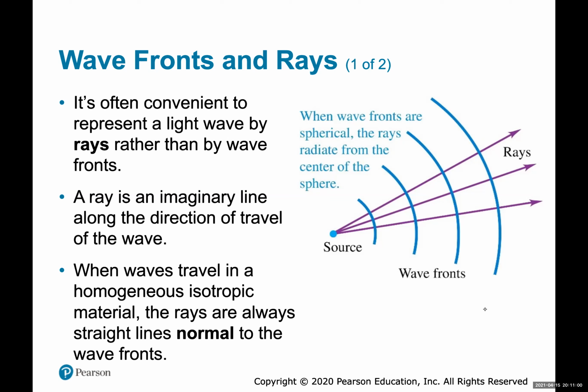And even for spherical wavefronts, we could representationally decide to represent them not as spheres, but as projections of spheres onto the XY plane, for example, such that they would be circles.